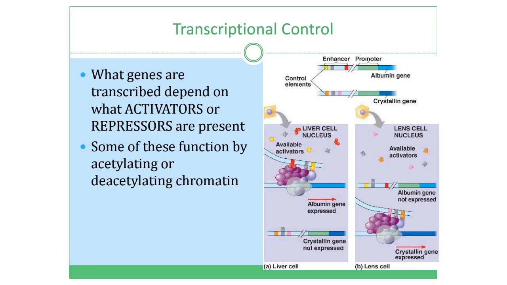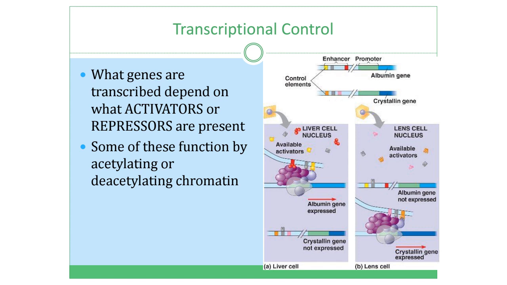Now, the reason that you get different genes turned on in different cell types is that enhancers will only turn on if the right activator proteins are available to bind to the control elements of the enhancer.